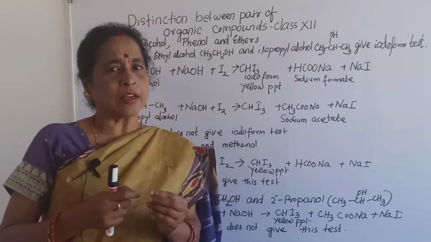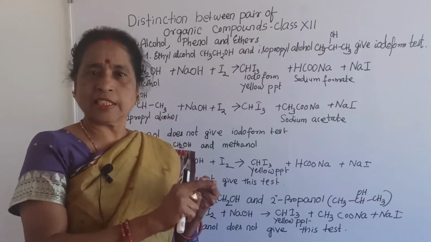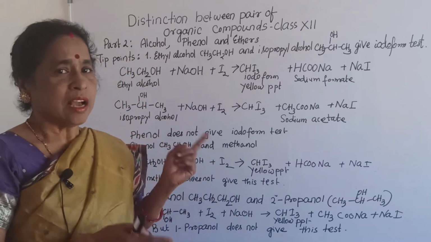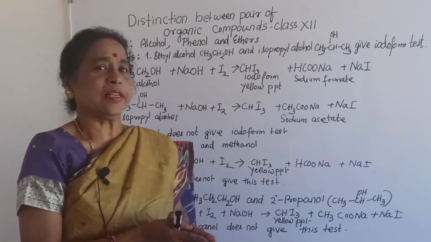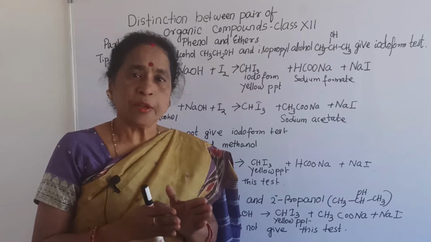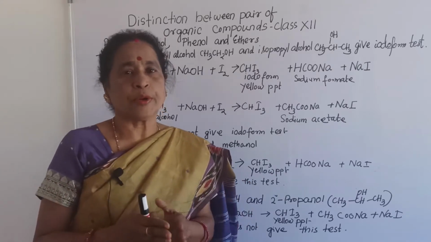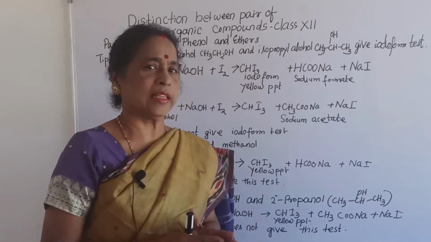If any color appears, then we can say that yes, it is the test of this compound. Like this, here I observe some tip points, and here also I want to explain some tip points where you can see how we can easily distinguish between pairs of organic compounds: alcohol, phenol and ether.